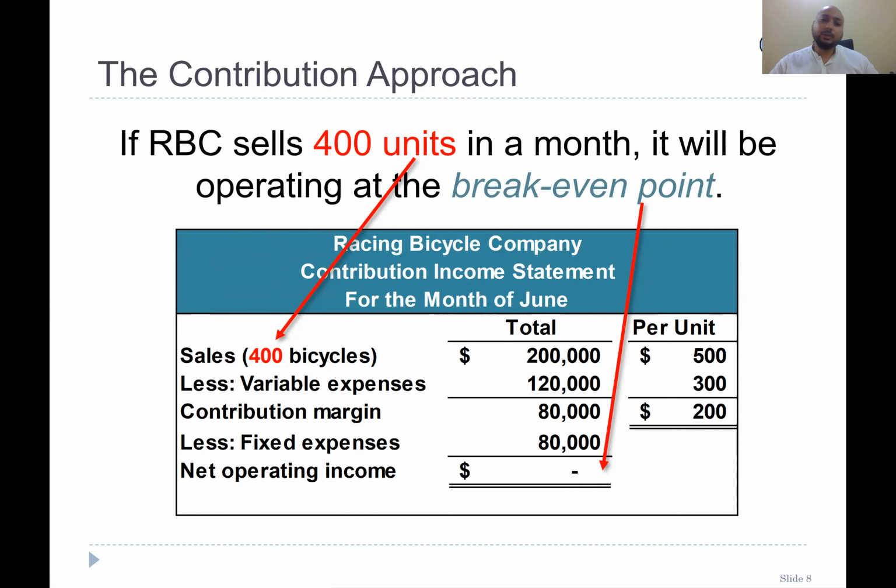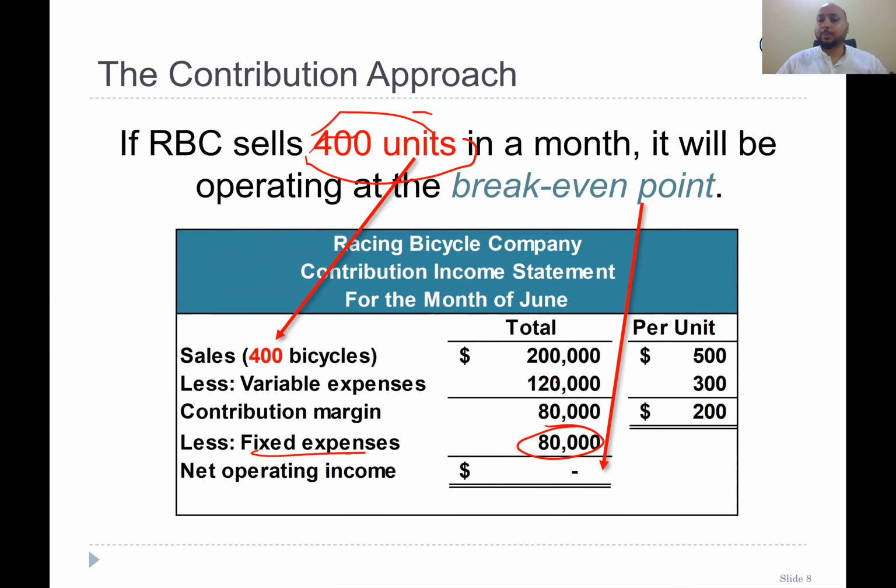Just rearrange this equation: sale less variable cost less fixed cost is equal to net operating income. If we put 400 here in number of units sold, we can find exactly 80,000 contribution margin.